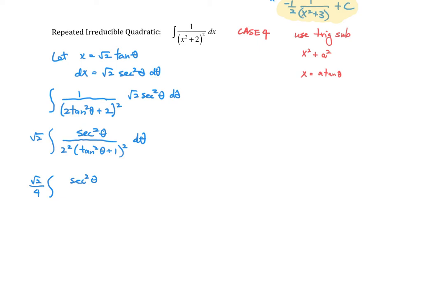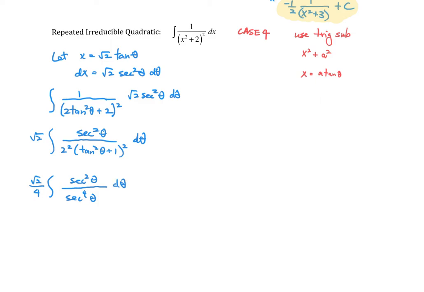I forgot to write that, sorry. And then on the bottom, we're going to use our trig identity. So we know that this tan squared plus 1 is equal to secant squared. So we're going to have secant squared squared. That makes it a secant to the 4th theta d theta.